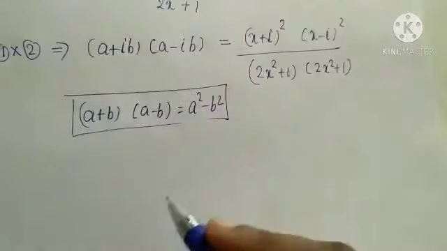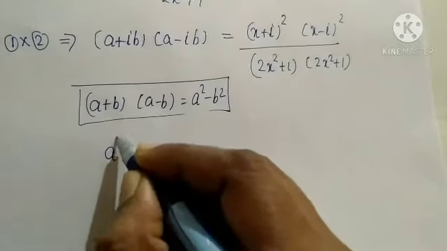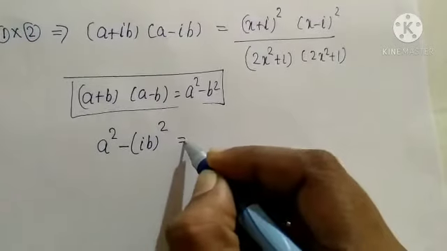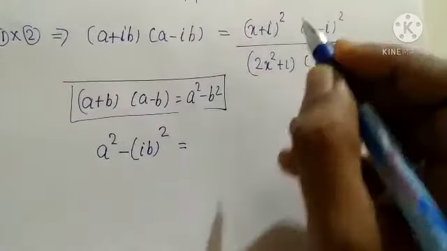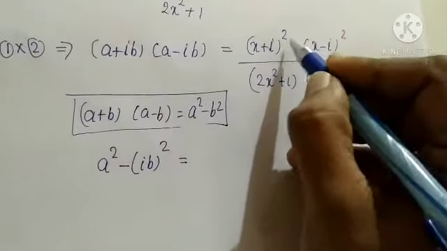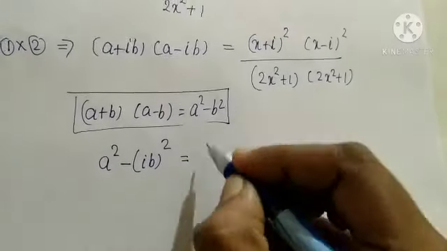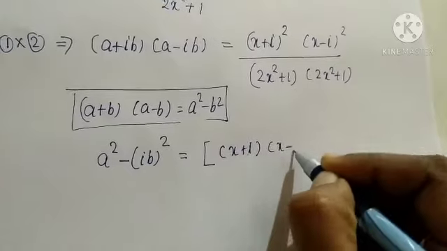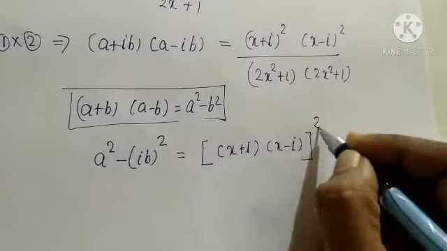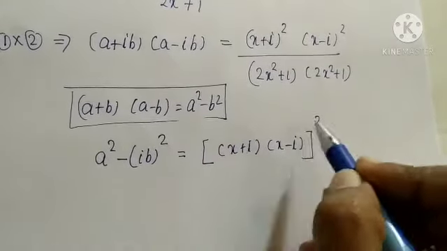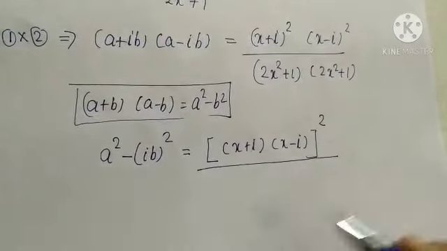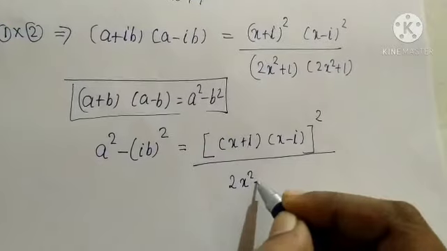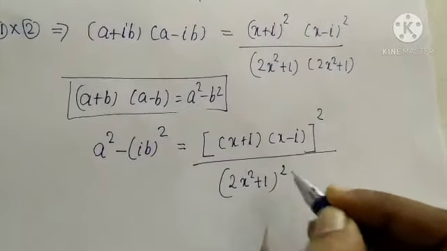Using this formula on the RHS, it will be equal to a square minus ib all square, and here also taking this square common, it will become x plus i into x minus i, taking this square as common, and divided by the denominator, which will become 2x square plus 1 whole square.